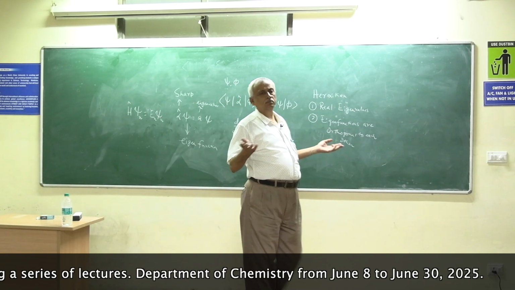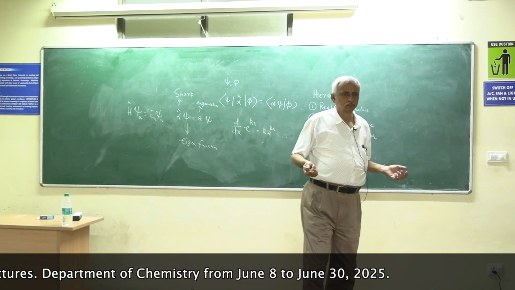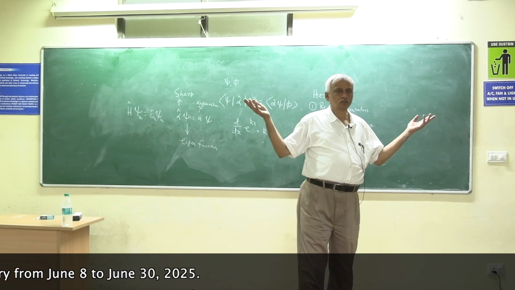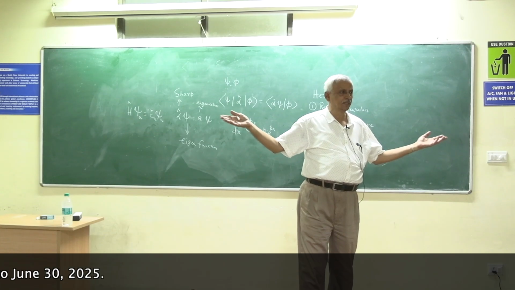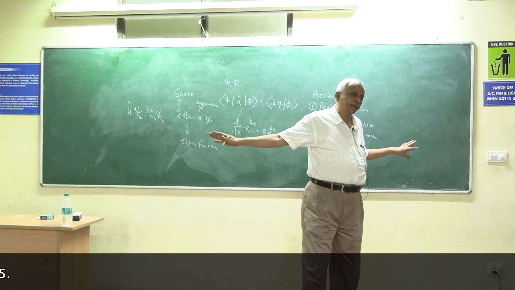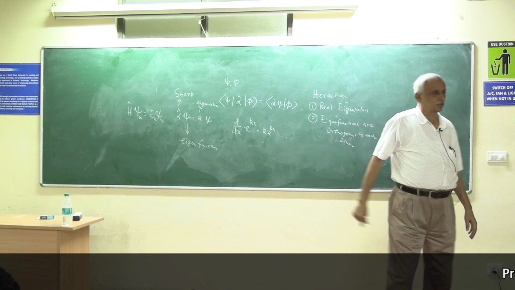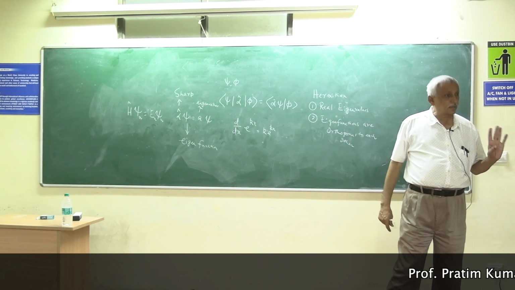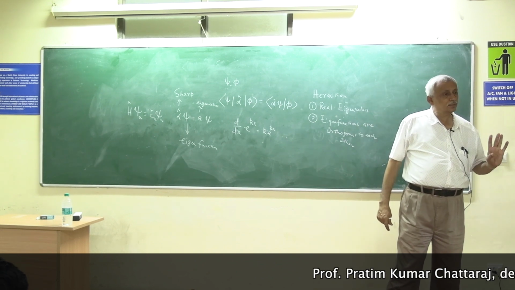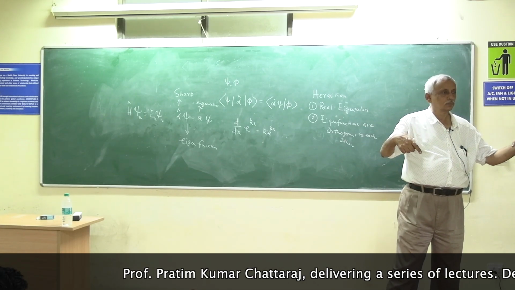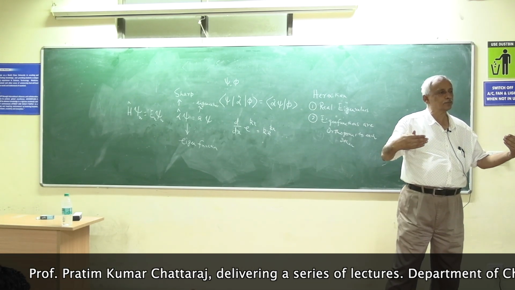You see, even for the hydrogen atom, you have 1s, 2s, 2p, 3s, 3p, 3d. They are all eigenfunctions of the Hamiltonian operator for the hydrogen atom, and we know there is an analytical form to find out the corresponding energy.